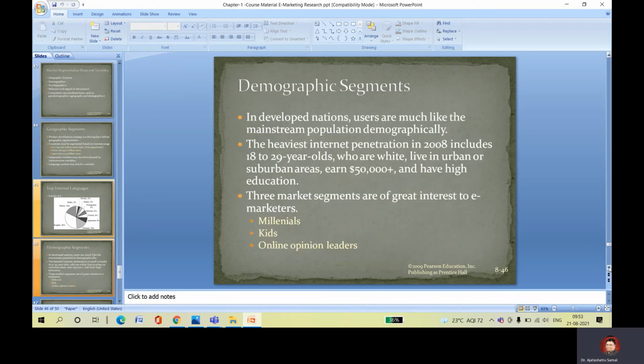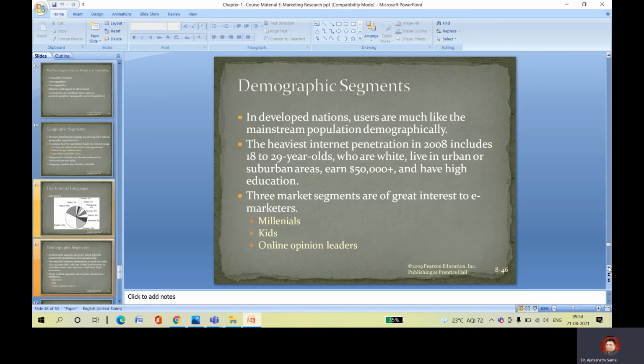Demographic segmentation: in developing nations, users are most likely the mainstream population. The heaviest internet penetration in 2008 includes 18 to 29 year olds who are white, live in urban or suburban areas, and are highly educated. Three market segments are of great interest to eMarketer: millennials, kids, and online opinion leaders.